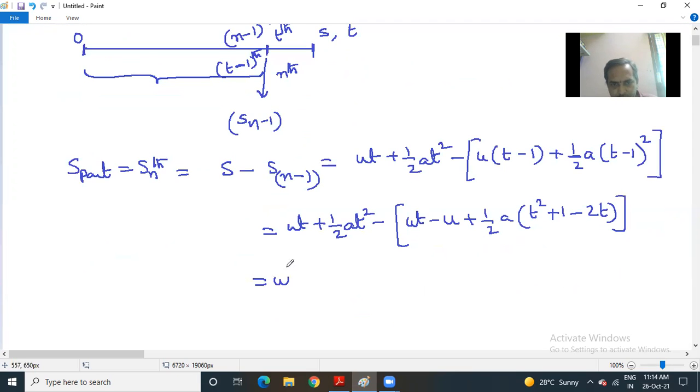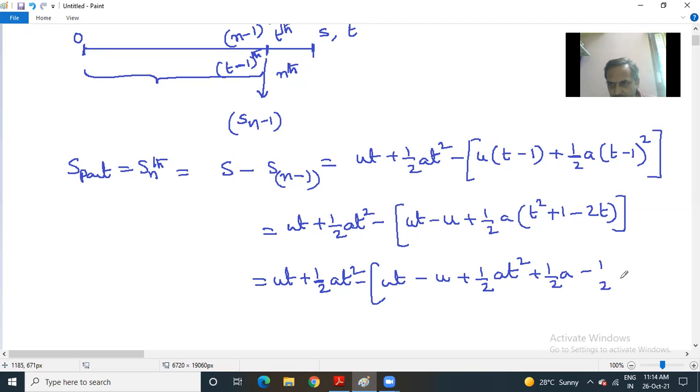This is ut plus half at square minus ut, minus u plus half a into t square, half into 1, minus half into a into 2t. So this 2 and 2 get cancelled.